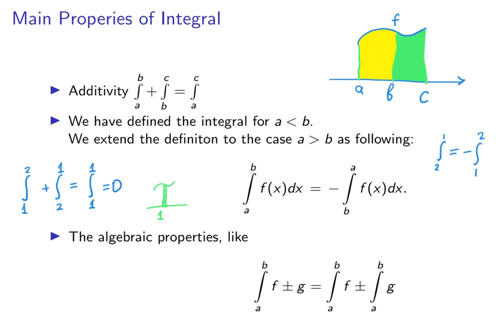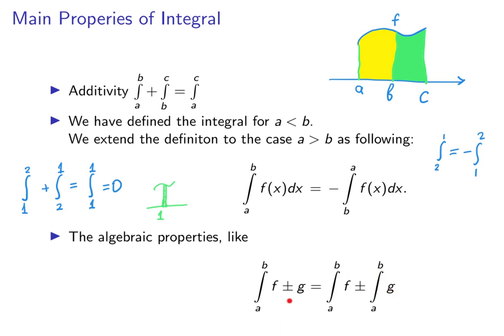The next algebraic property is when we have a definite integral of an expression like the sum of two functions or the difference of two functions. In that case, the integral can be split into two pieces, the integral of the first function f and the integral of the second function g.